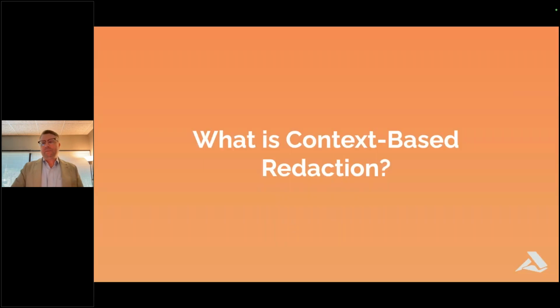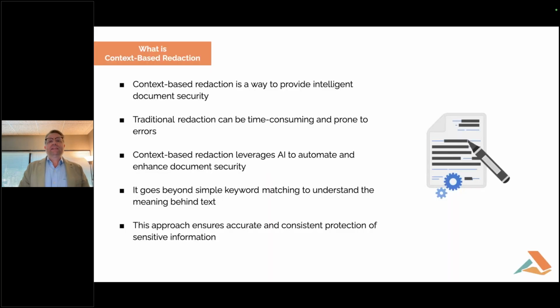So, what is context-based redaction? There are lots of different reasons that people need to redact content in documents. Usually that's going to be around some kind of security and protection of information. But context-based redaction is very specifically being able to use technology to intelligently identify content within a document that needs to be redacted based on how that content is being presented.